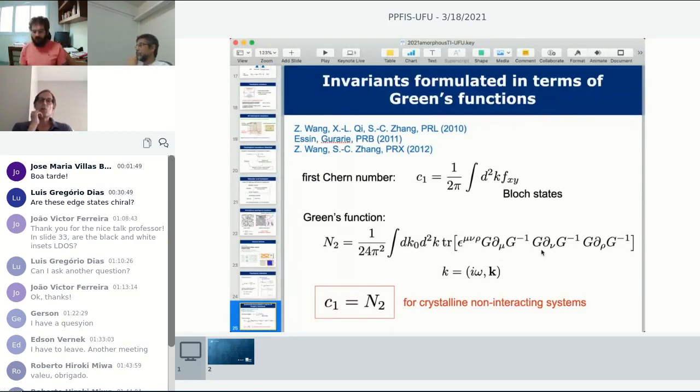Within the single particle scenario you can show that it is equivalent to the Z2 or Chern number, and you can find expressions in terms of Green's functions. You can hope to eventually generalize this to interacting systems, or even to amorphous systems. But we have been struggling with that for a long time because the integrations are really terrible.